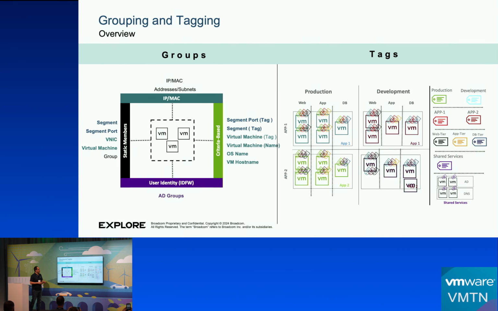So for example, let's say you have a few hundred virtual machines in your production environment, in app-1 here. With a similar naming convention, you may want to create a tag that starts with ABC for all these virtual machines in the production environment. So when you create a group, you will say the group criteria is a tag name that starts with ABC.